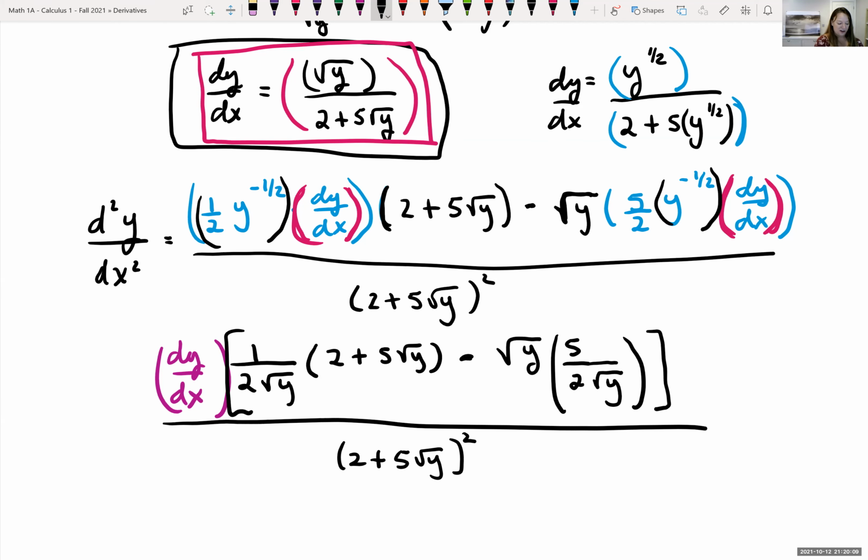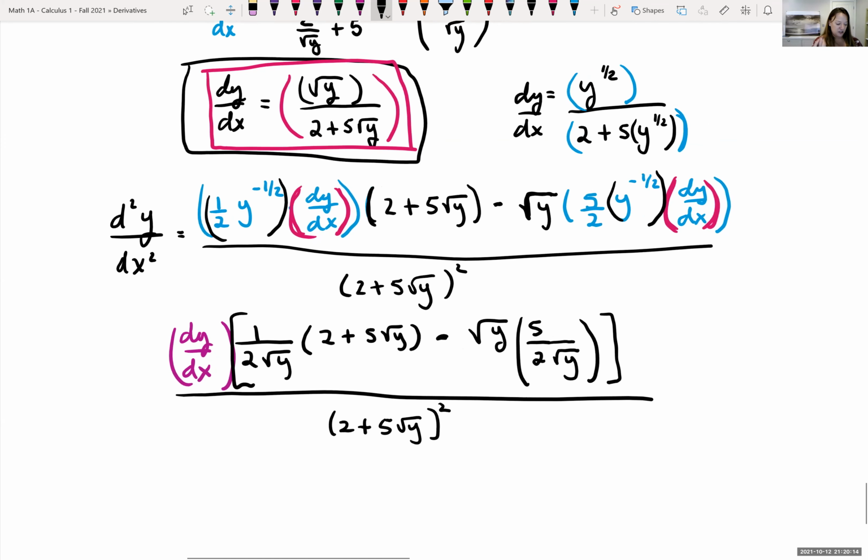So this actually is going to start cleaning up nicely. Notice that we can distribute that 1/2 square roots of y inside here. So I still have my dy/dx out front.